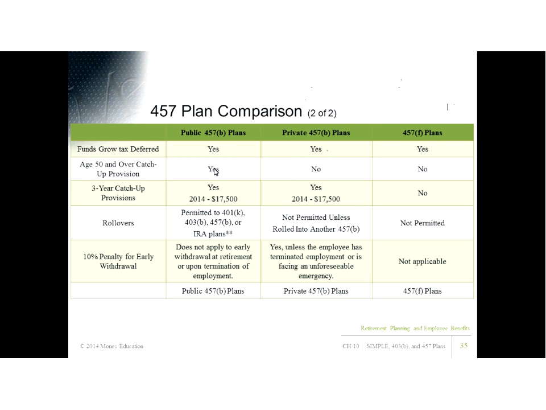Funds grow tax deferred. Age 50 catch-up is only in this qualified-like plan, not over here. The 3-year catch-up is here and here, but not here. This one has unlimited deferrals.